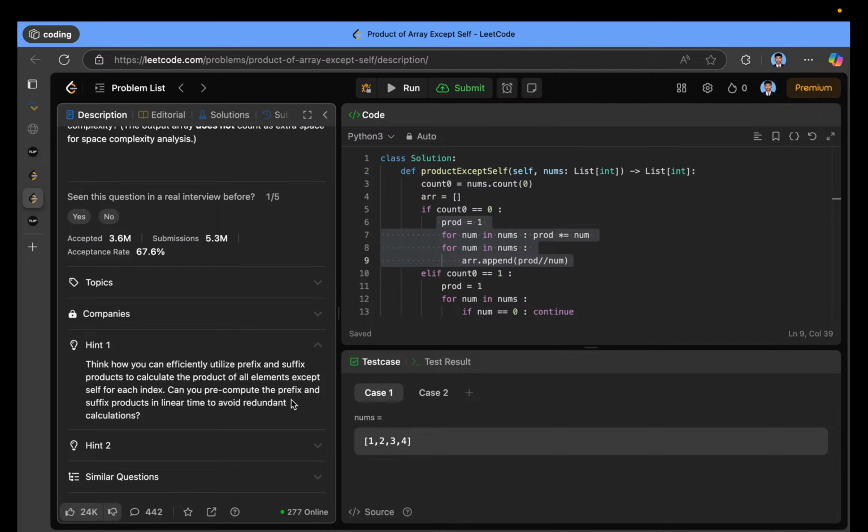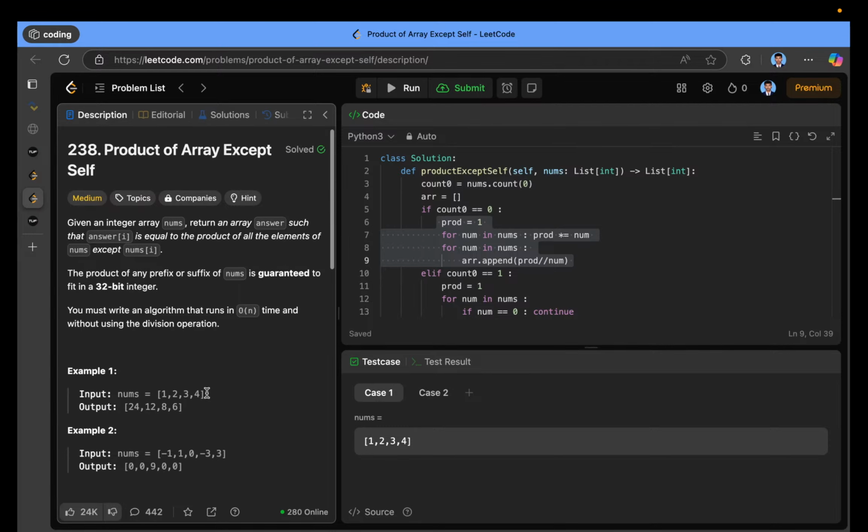Okay, prefix and suffix, we can use that here. The question is how to use it. Okay, just forget about the other thing. Let's only focus on prefix and suffix. Maybe this can help.